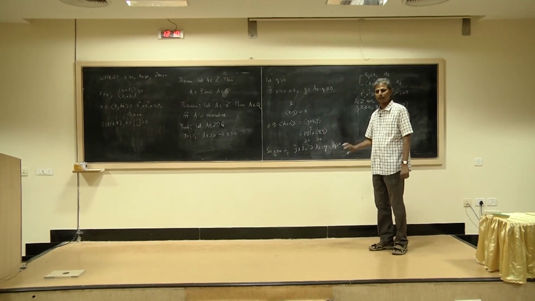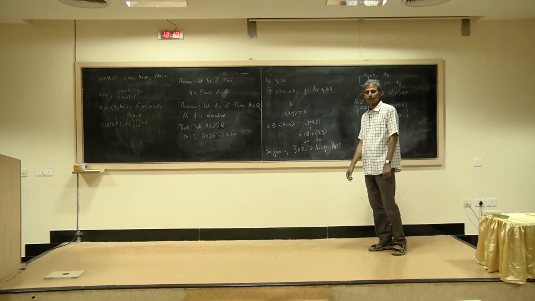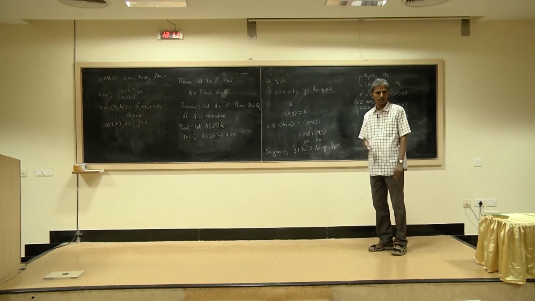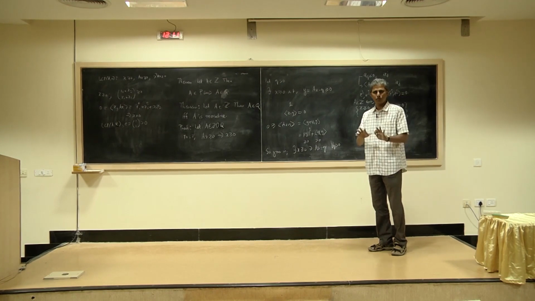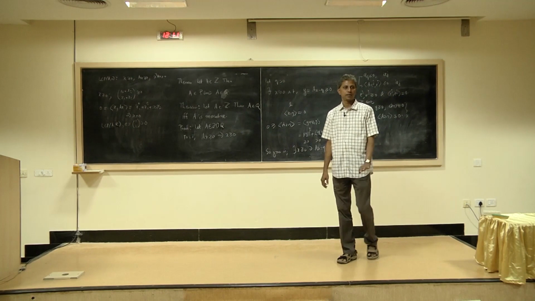See, there are different ways of arguing. See, Rn plus is a generating cone. You know what a generating cone is, right? You know something about cones, isn't it? Rn plus is a generating cone.